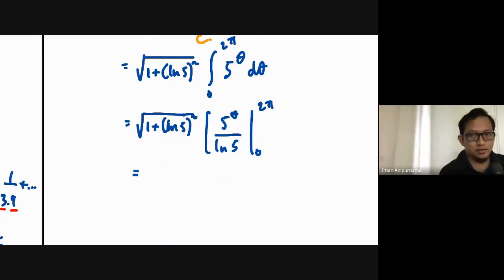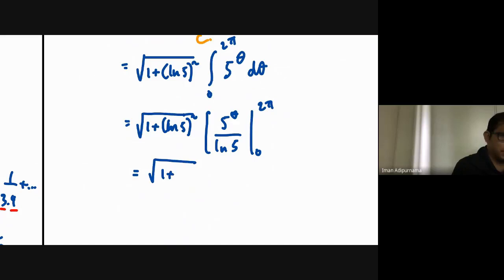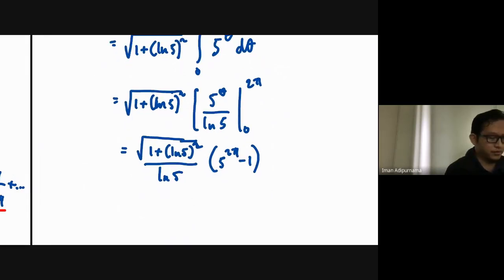You can solve this, and eventually you will get 1 plus ln 5 squared divided by ln 5, and then 5 to the 2 pi minus 1. But this exact answer, unless you are offered some options, I don't really need this answer.